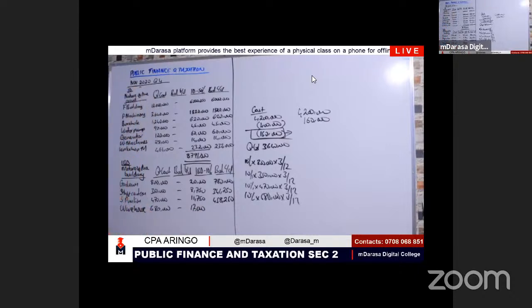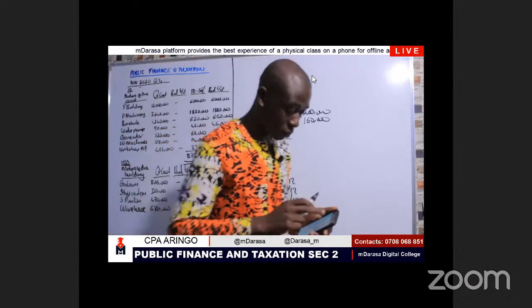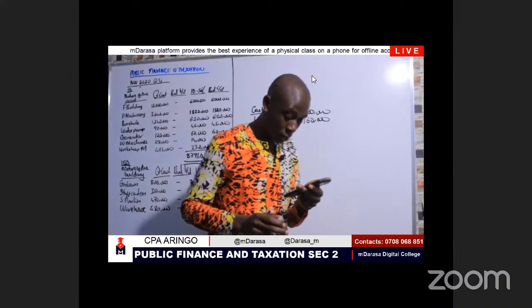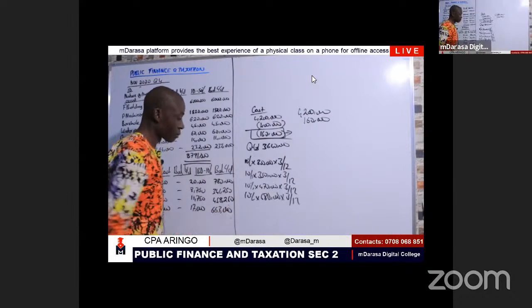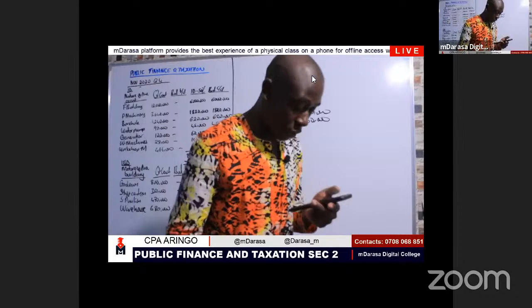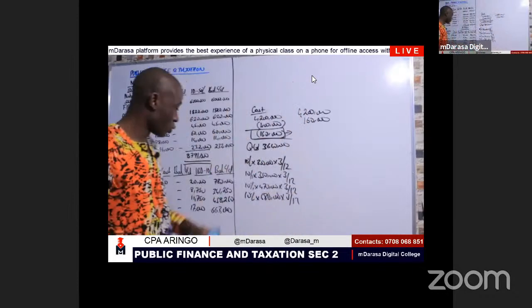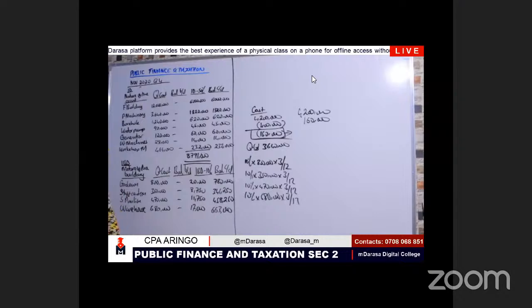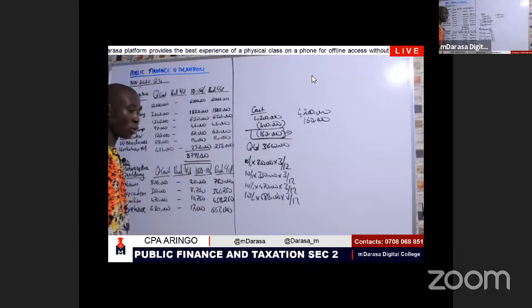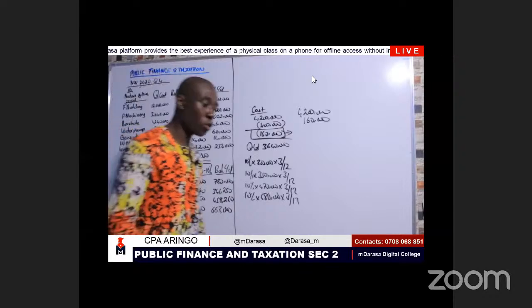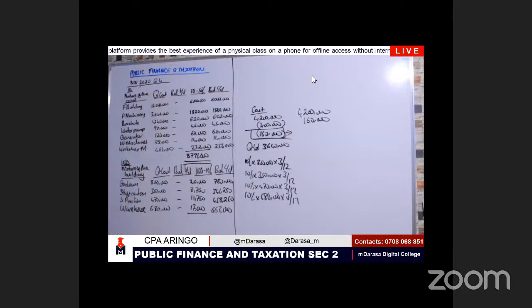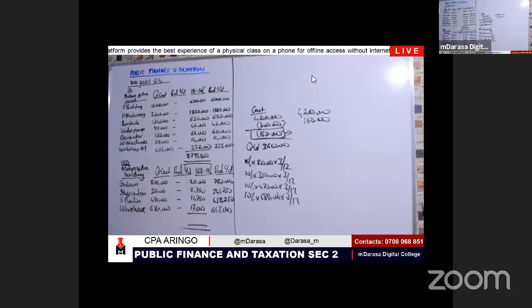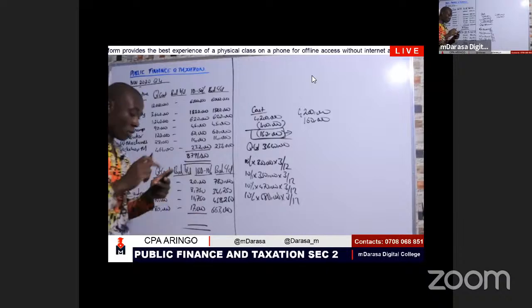Balance carried down should give us 663,000. Okay, so the next thing to do: where does the billboard follow, Mwalimu? The billboard is WTA class 4. So determine that case. What will you be having?